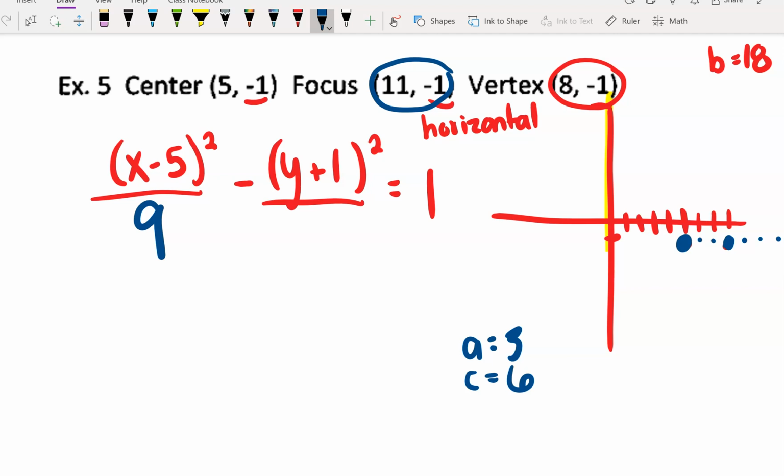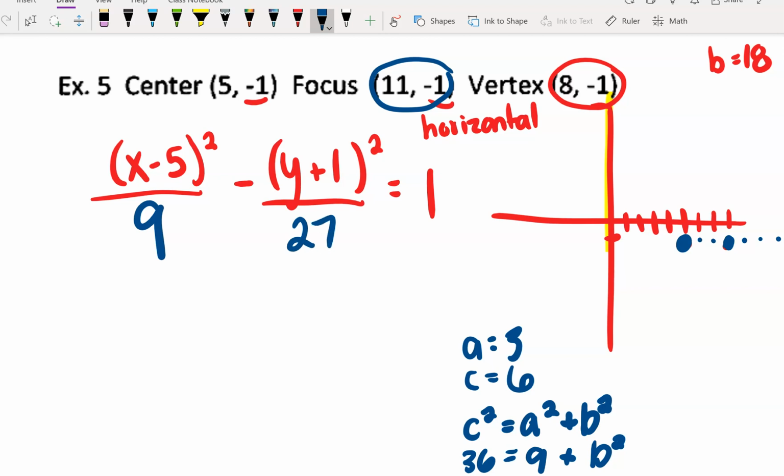And we can use this formula, c squared equals a squared plus b squared, to find the b value. So 6 squared, 36, equals 9 plus b squared. 36 minus 9 is 27. So b squared is 27. And that is all we need.